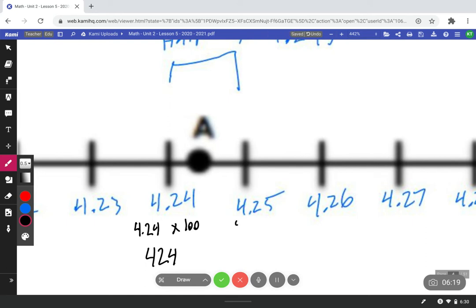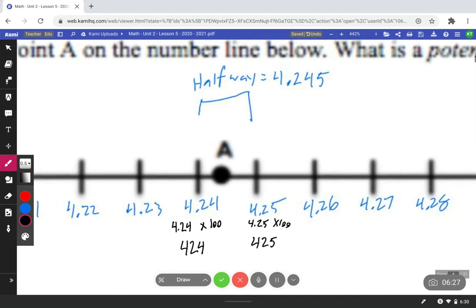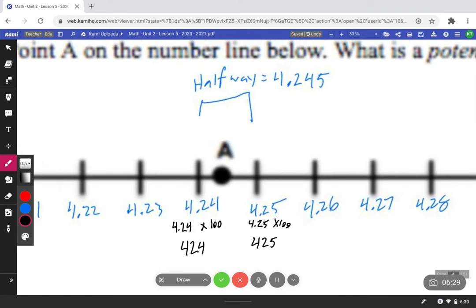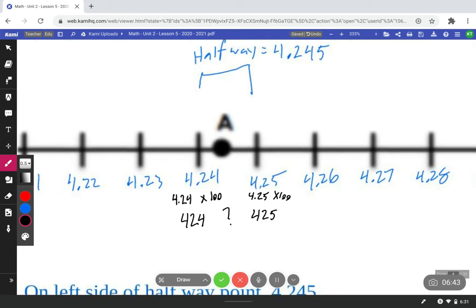If I did the same thing over here, that would become 425. So if I asked you what is in the middle between 424 and 425, that might be a bit easier for you to tell me.